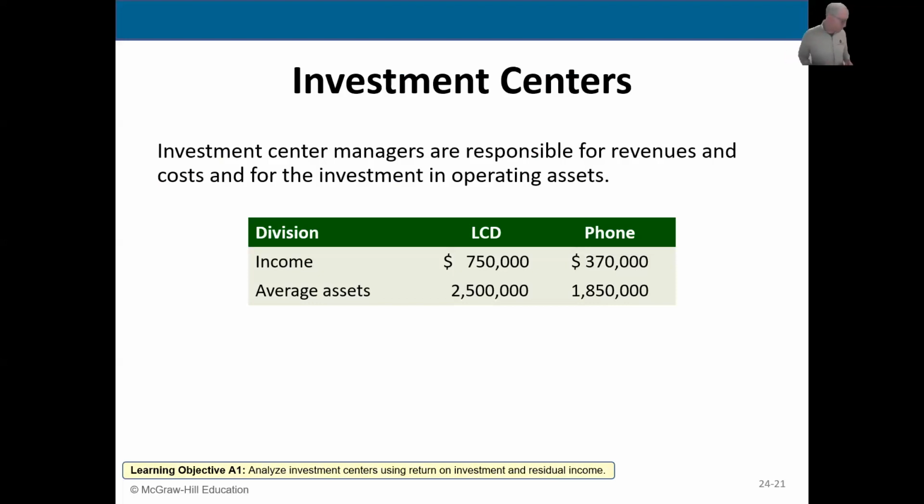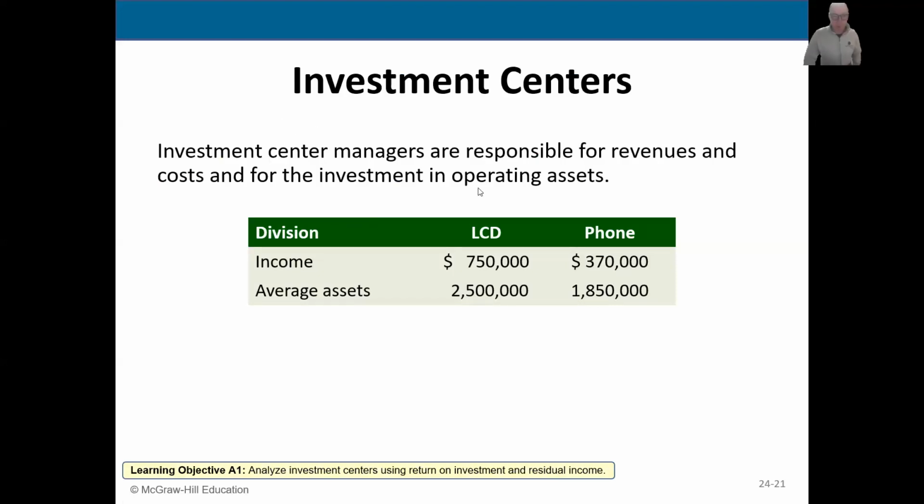We have an example. This example looks at a company that produces both LCD televisions and phones. We'll say it's Samsung. Keep it easy, okay? Samsung produces both LCD televisions and phones.